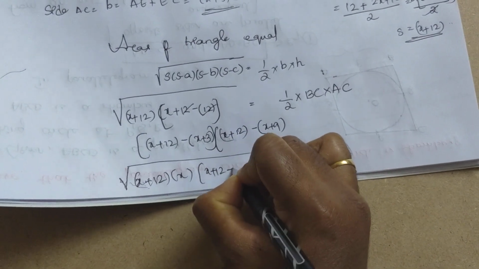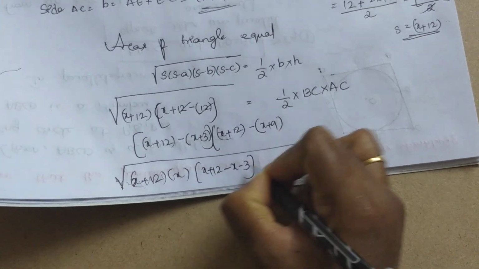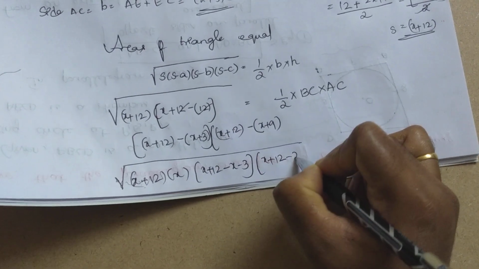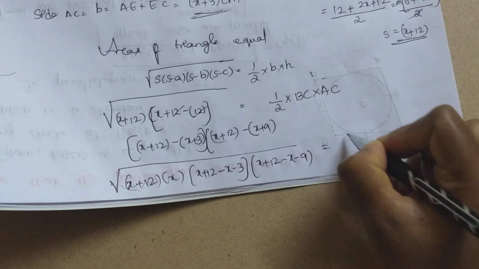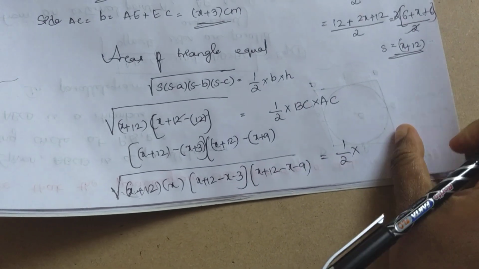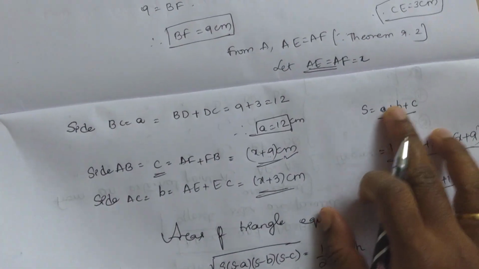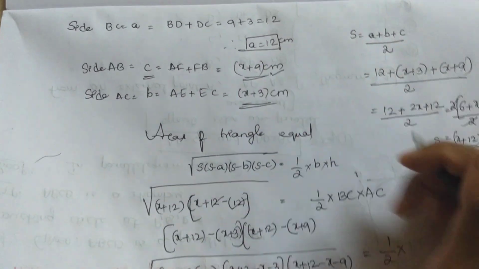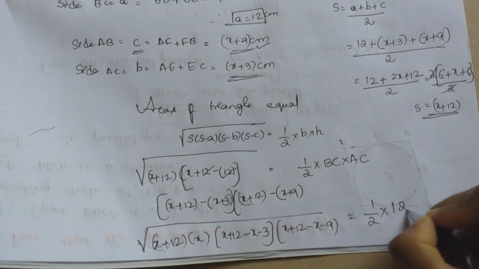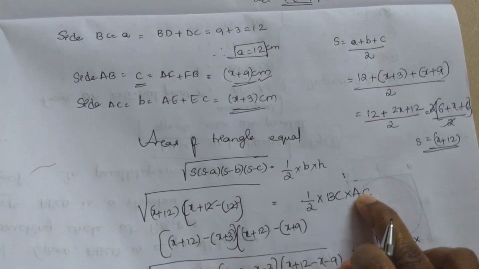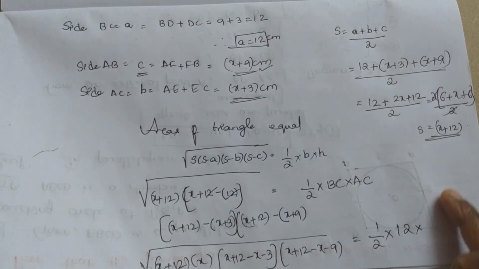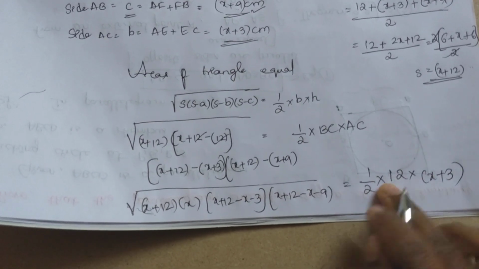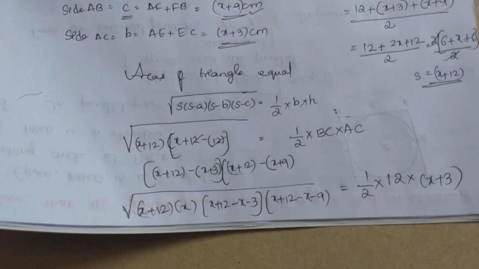Again, x plus 12 minus x minus 9 equals 1 by 2 into, what is BC? See here, side BC we got as 12, correct? So 12 into, what is AC here? AC is x plus 3. 12 into x plus 3. Let me continue the same in the next page now.